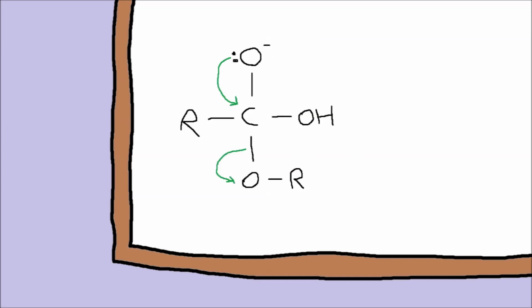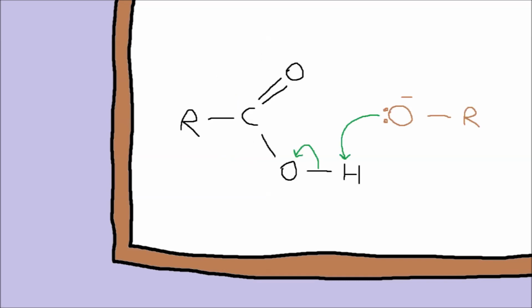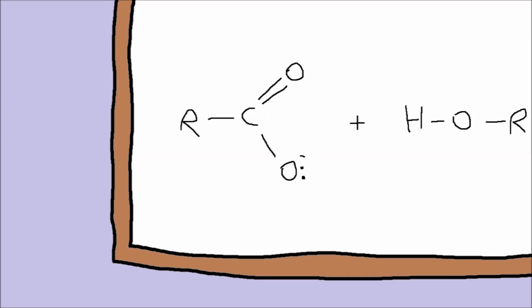In the next step, the lone pair on the oxygen goes back to the single bond, and since the carbon atom now has 5 bonds, the OR detaches from the carbon. The lone pair on the oxygen is then attracted to the hydrogen atom, which detaches from the molecule. In a full reaction, a positive ion such as Na+ would attach to the product.